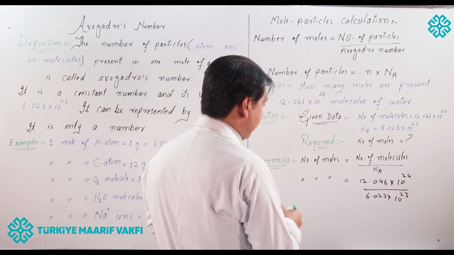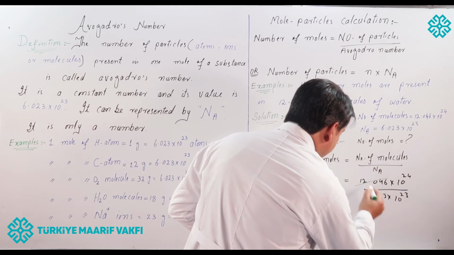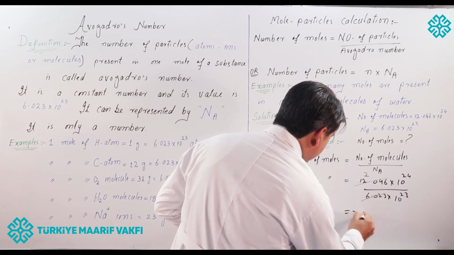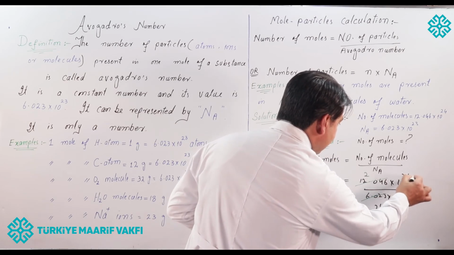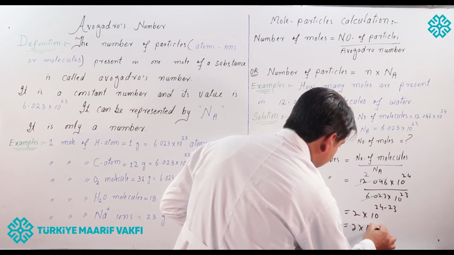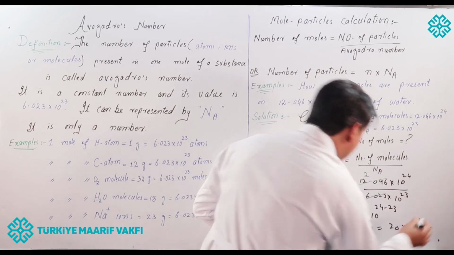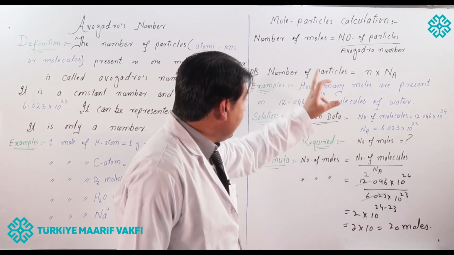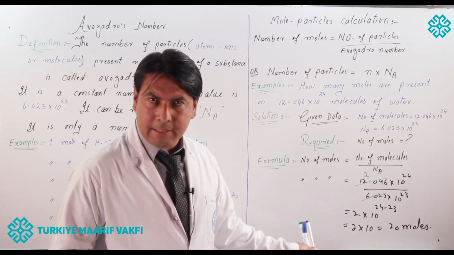If we divide 12.046 by 6.023, we obtain 2. Now 2 multiplied by 10 power 24, and this power can be subtracted by 23, so 2 multiplied by 10 is equal to 20 moles. So 12.046 multiplied by 10 power 24 molecules of water is 20 moles. Do you have any question on this?